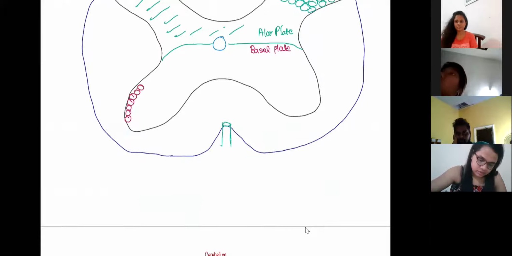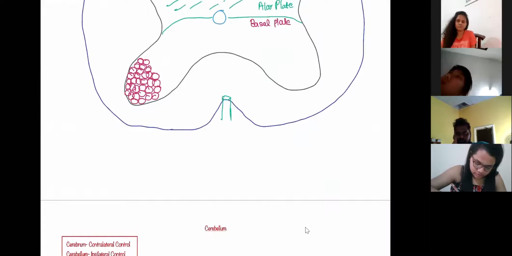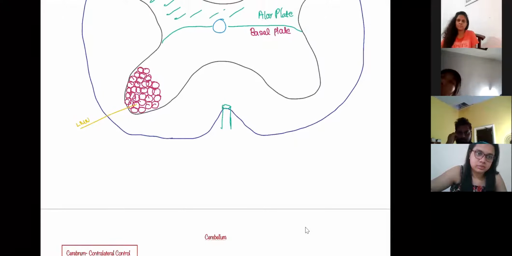And you know those fibers that come down in the corticospinal tract? Gray matter regions are all cell bodies of nuclei. So the lower motor neuron at that level will start here. This is the lower motor neuron that starts at that level.